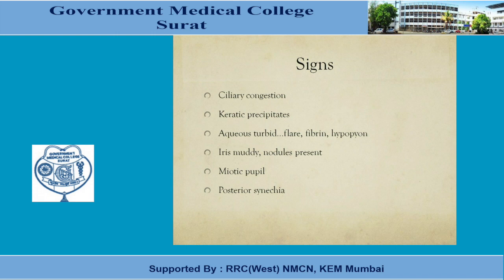Because the iris falls down and gets stuck to the lens like this, it will be posterior synechia, isn't it? Now if the iris goes like this, anterior synechia, but that's not a very common event. Generally posterior synechia is very common.